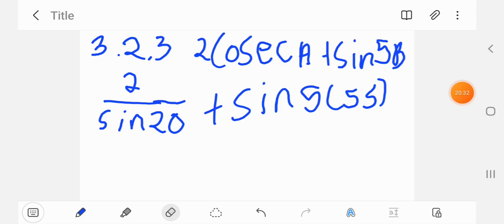So you punch this into the calculator, then you will get 9.94.